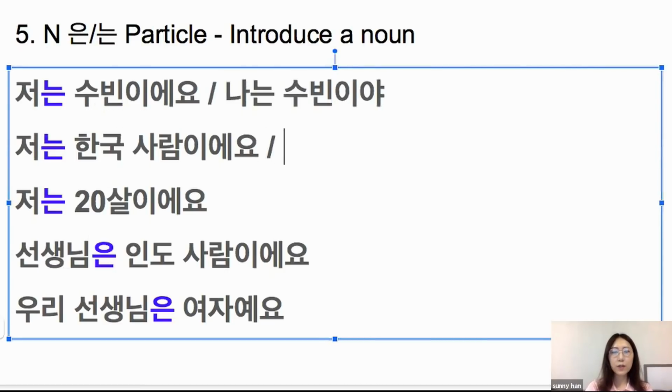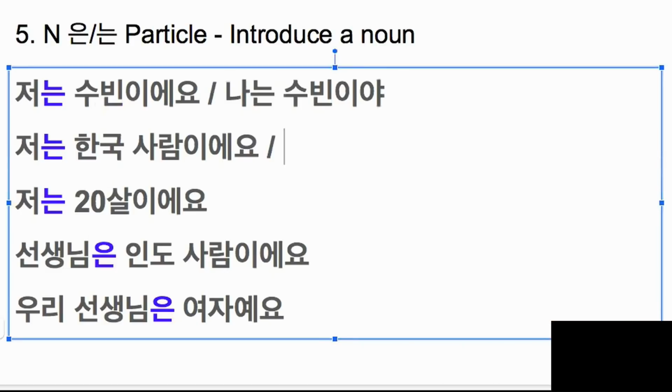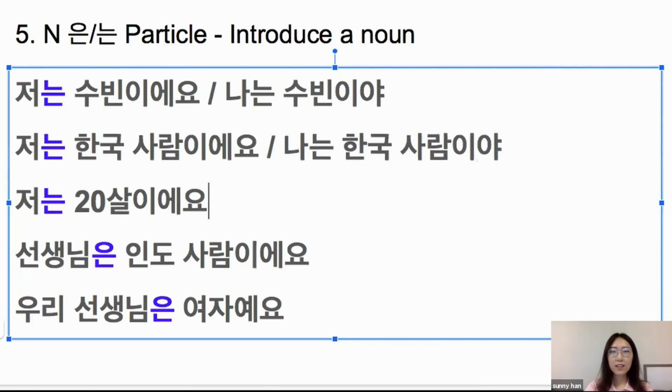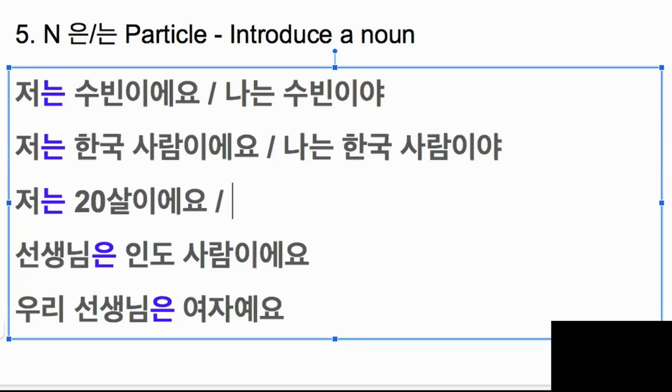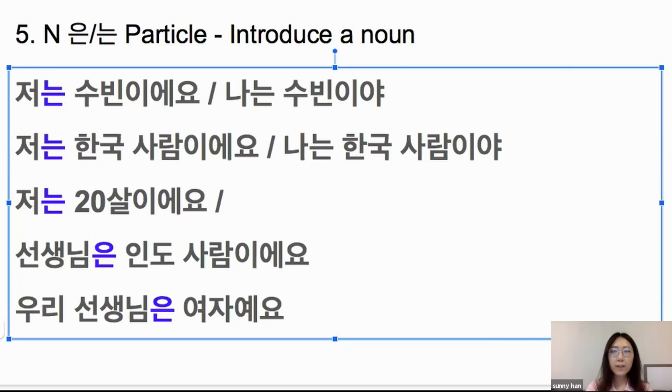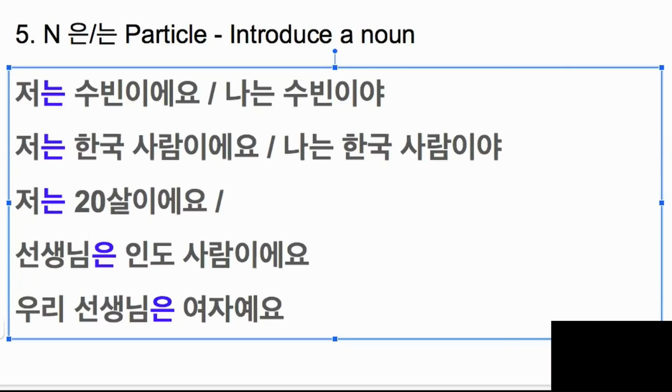What about informal? 나는 한국 사람이야. Good. I'm 20 years old. 저는 20살이에요. Informal way. 나는 20살이야. Good.